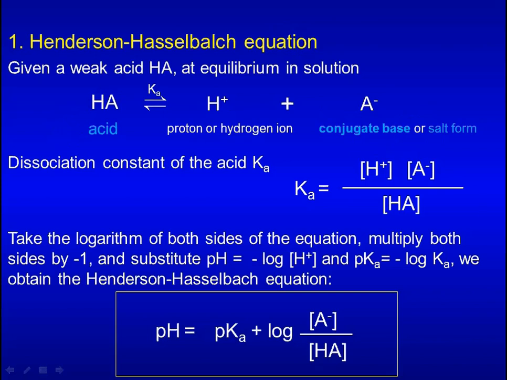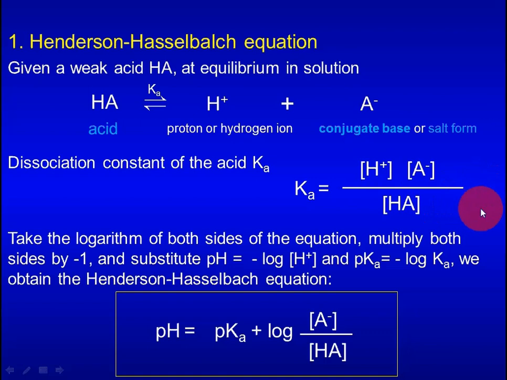At this point, the proton concentration times the concentration of conjugate base divided by the acid concentration is a constant. We call this the dissociation constant, or Ka.